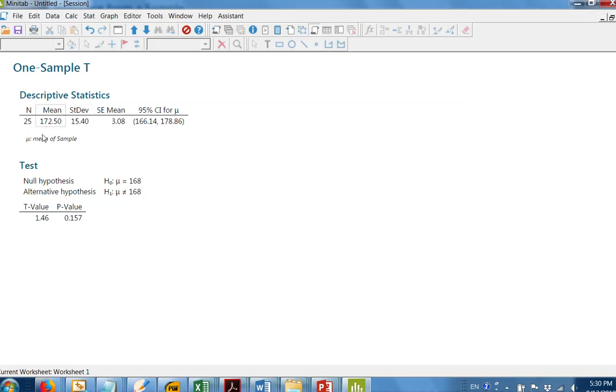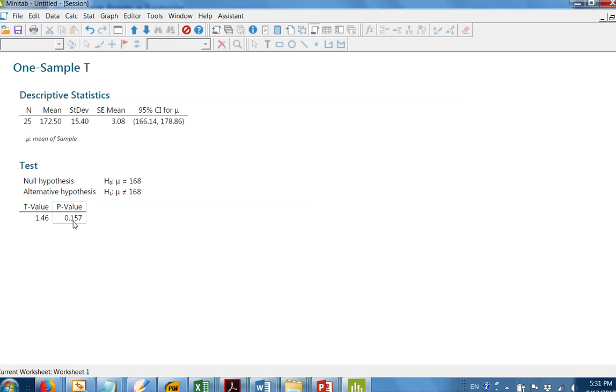Here we see the output. Those are the input. Here we find a 95% confidence interval for the population mean mu from 166.14 to 178.86. For our t-test, we have the t-test value 1.46 and a p-value 0.157.